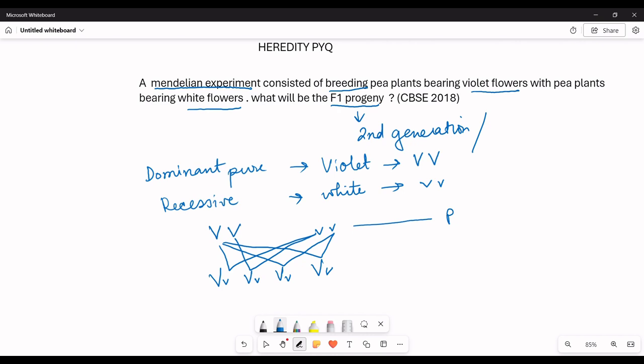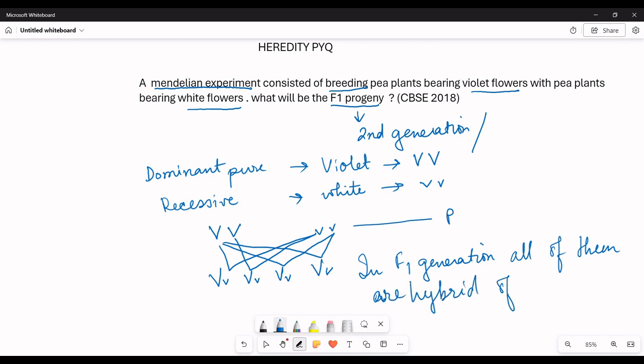So all of them in the F1 generation will be hybrid. Not only that, but they will be of violet color. Understood? So if this comes for 1 mark, don't do so much. Just try to write down only this part, and you will get the marks.